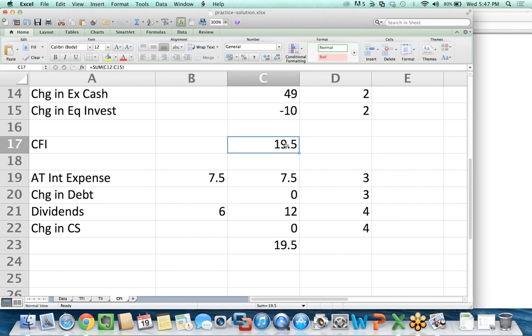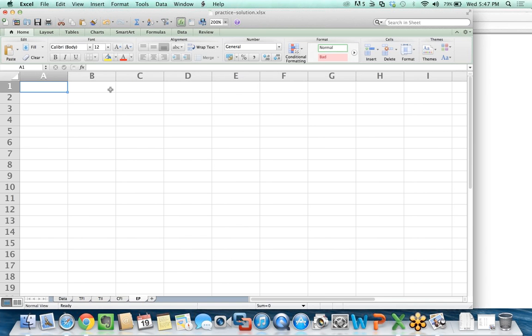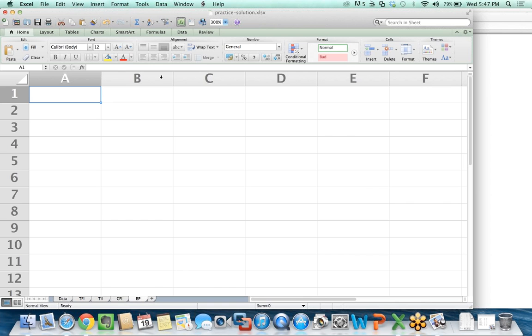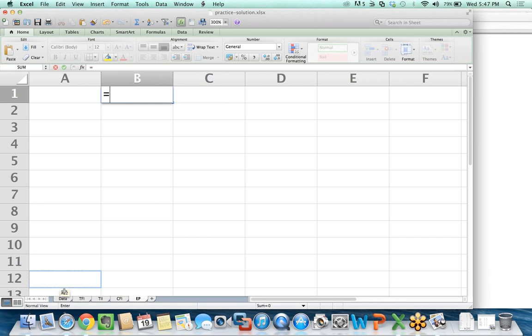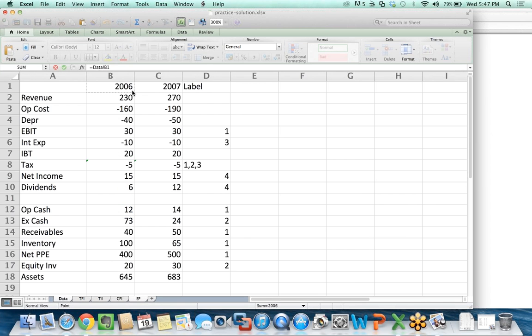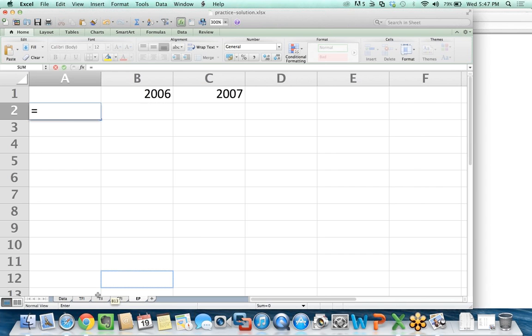Now, if I wanted to go through and do an ROIC and an economic profit, create a quick economic profit tab. So again, a little bit bigger. Using the relative years, 2006 and 2007, I'll start out with my NOPLAT.